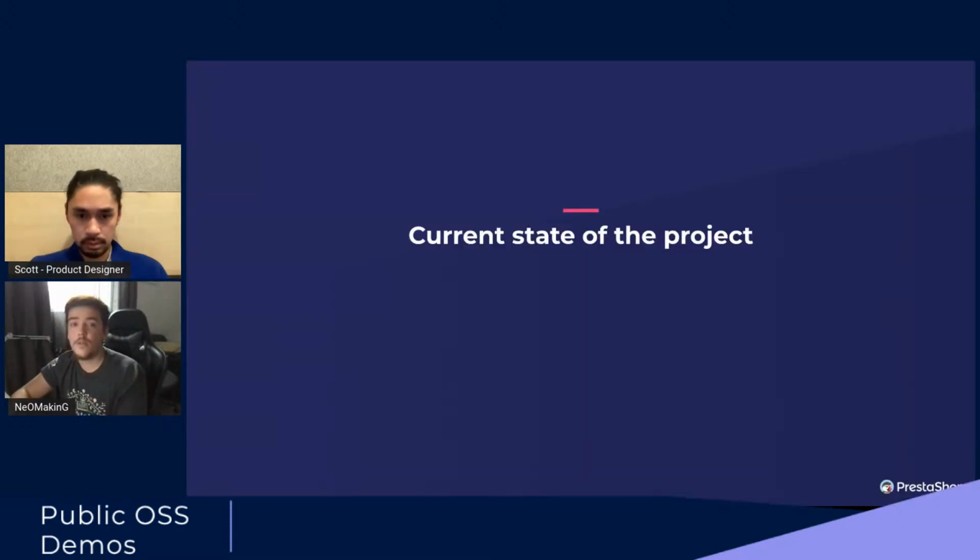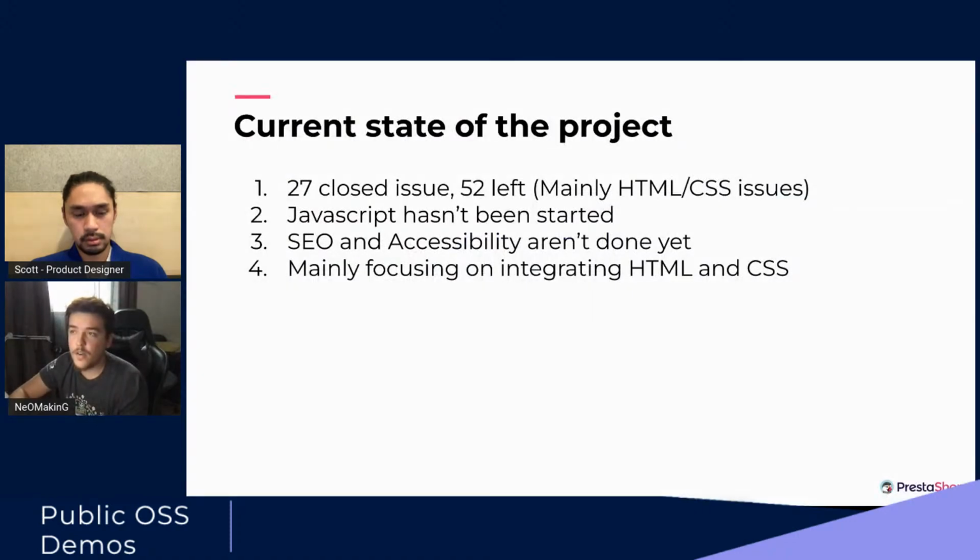What's the current state of the project? I made some slides in order to show you some things we integrated, but I think most have been seen with Scott. Actually, we have 27 closed issues. It means that we did the work for 27 issues, but it's not finished yet. And 52 are still left.